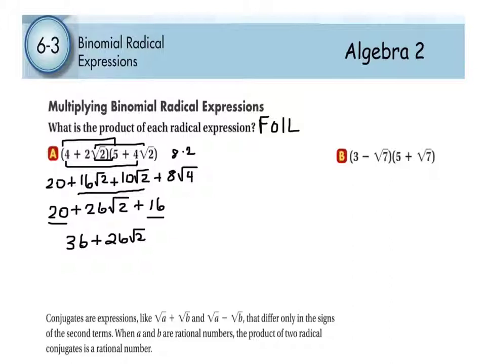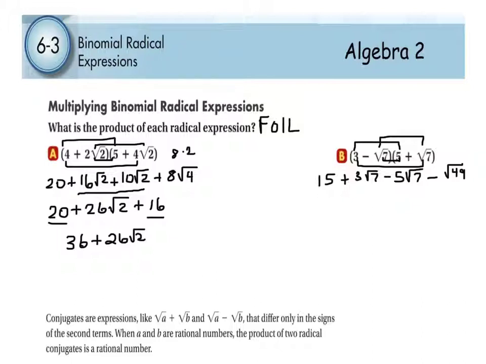Again, using the FOIL method. Letter B: first times first is 15. Outsides is plus 3 square root 7. Inside is negative 5 square root 7. And last is negative square root of 49, because it's square root of 7 times square root of 7, which is the square root of 49.